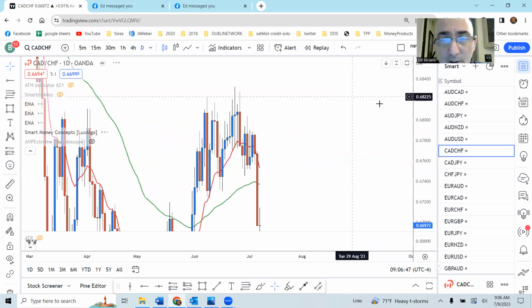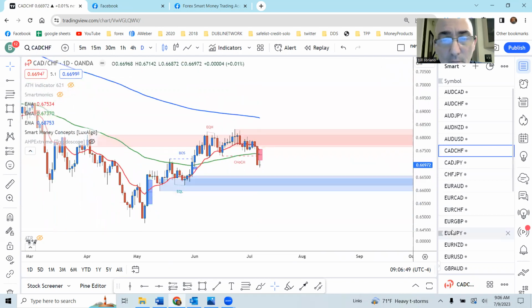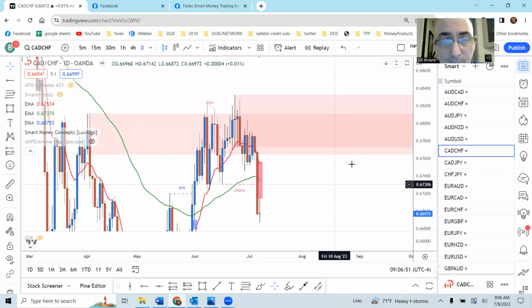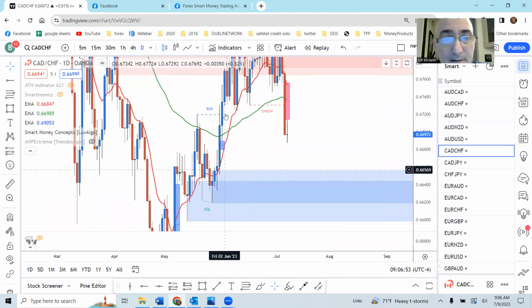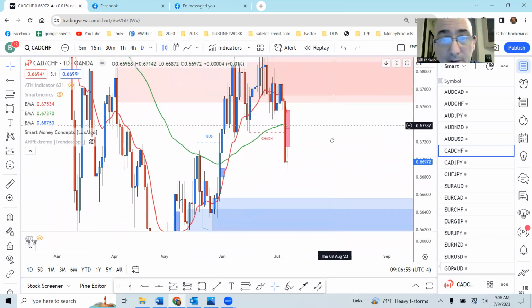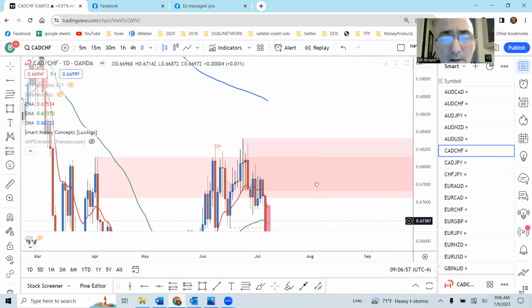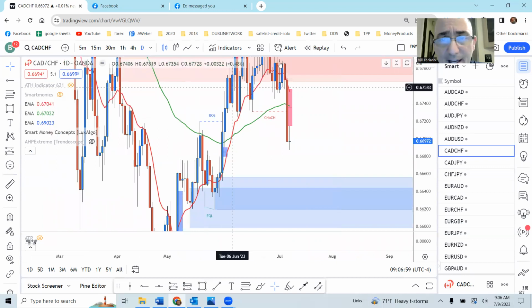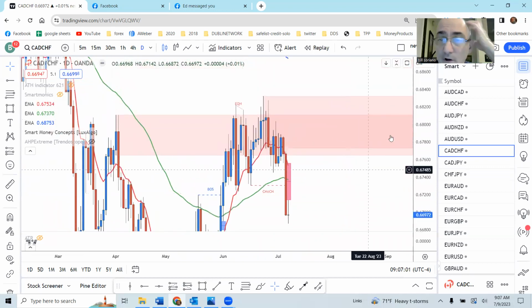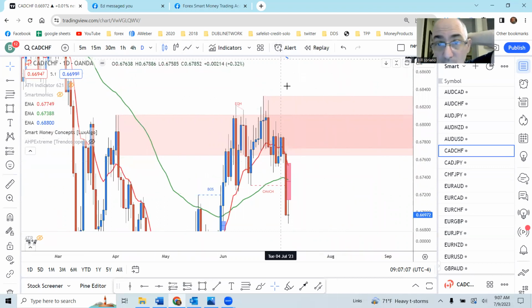If we go to the daily chart, we had a nice move up here. So we definitely had some bullish action here, but overall the trend to me on the daily chart is bearish because we're way below the 200-day. Both the 13 and the 62 are below the 200-day.